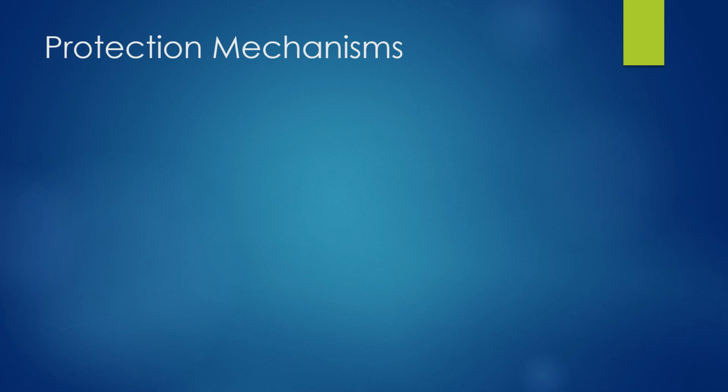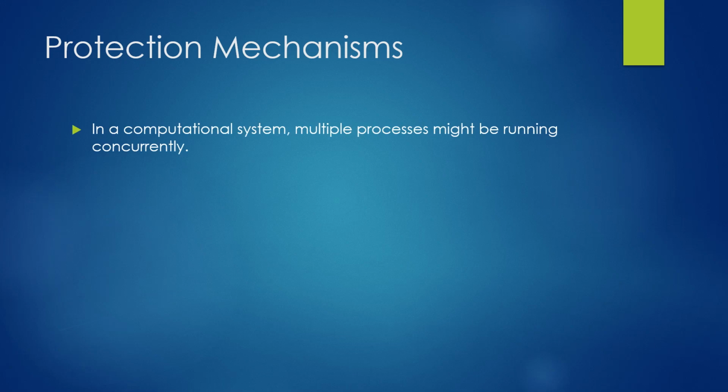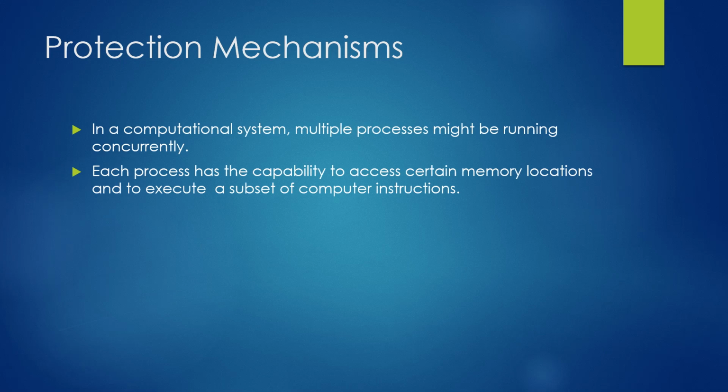When we are talking about protection mechanisms, let's think about a system. In a computational system, multiple processes might be running concurrently. Each process has the capability to access certain memory locations and to execute a subset of computer instructions.